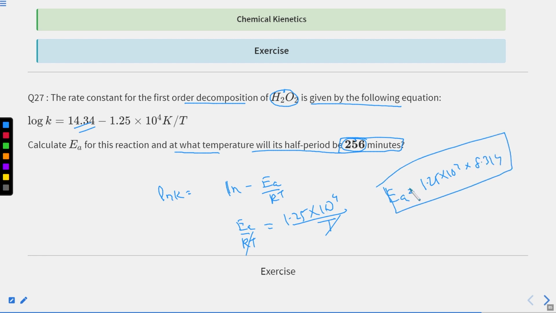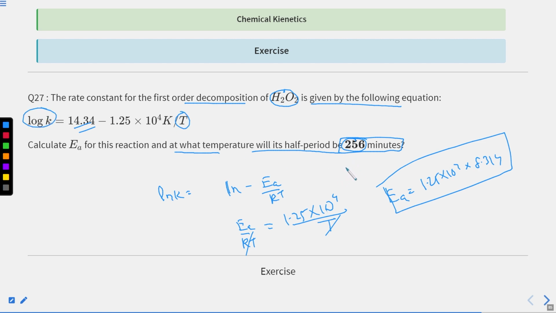Once you have got your EA, you will be able to calculate the temperature. At what temperature will the half-life period be 256 minutes? You can't calculate it directly because two are unknown: temperature is unknown and K is unknown.